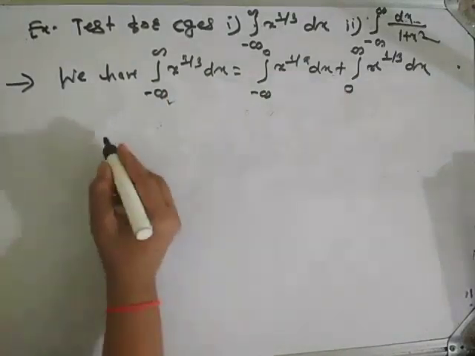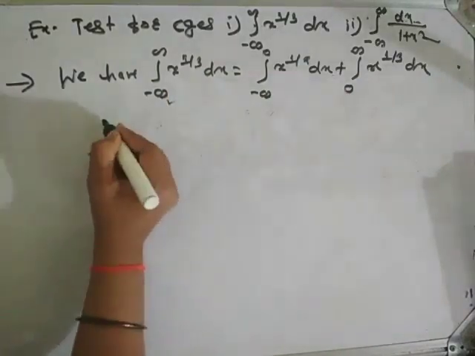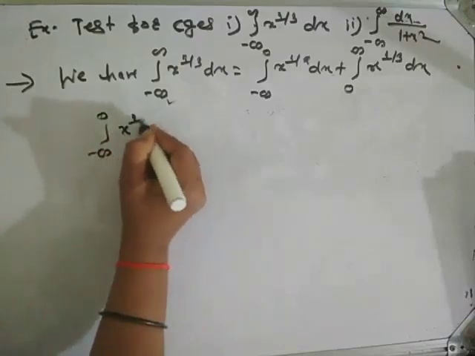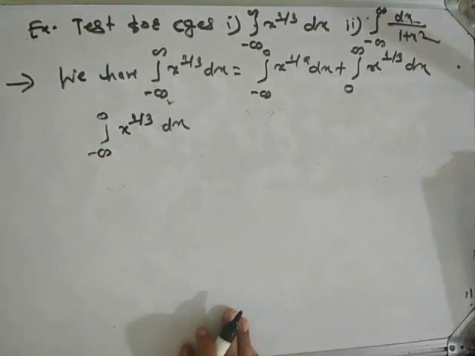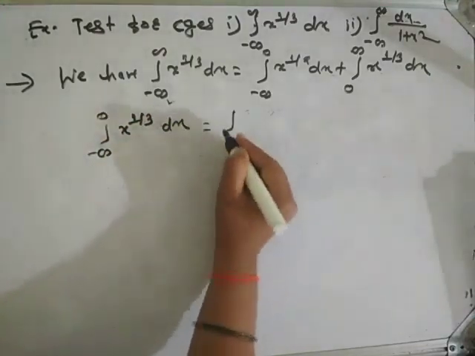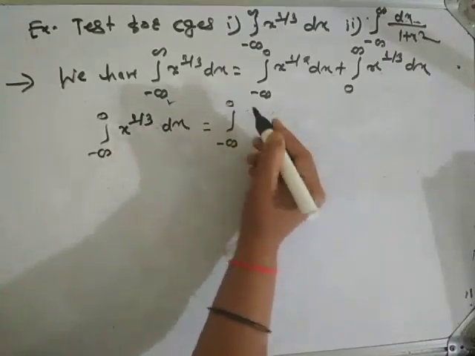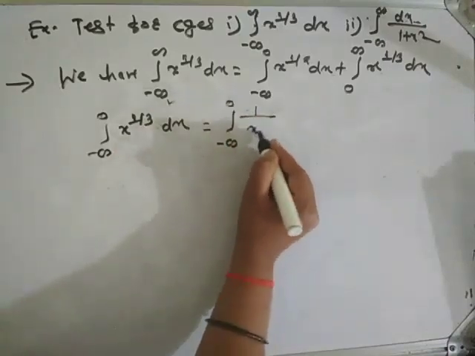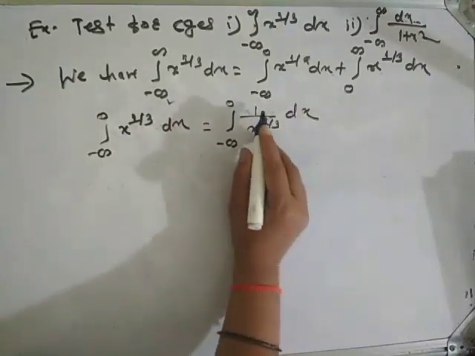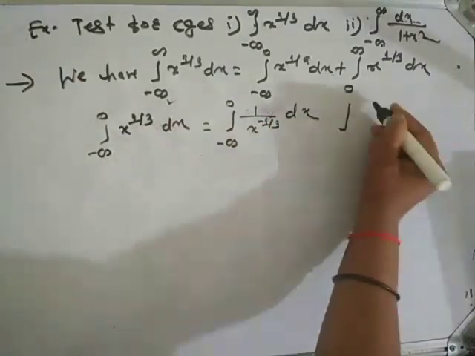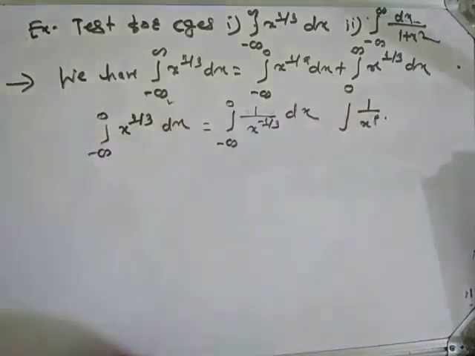So the integral from minus infinity to 0 of x raised to 1 by 3 dx can be written as the integral from minus infinity to 0 of 1 upon x raised to minus 1 by 3 dx. Now this integral is of the type 1 upon x raised to p.